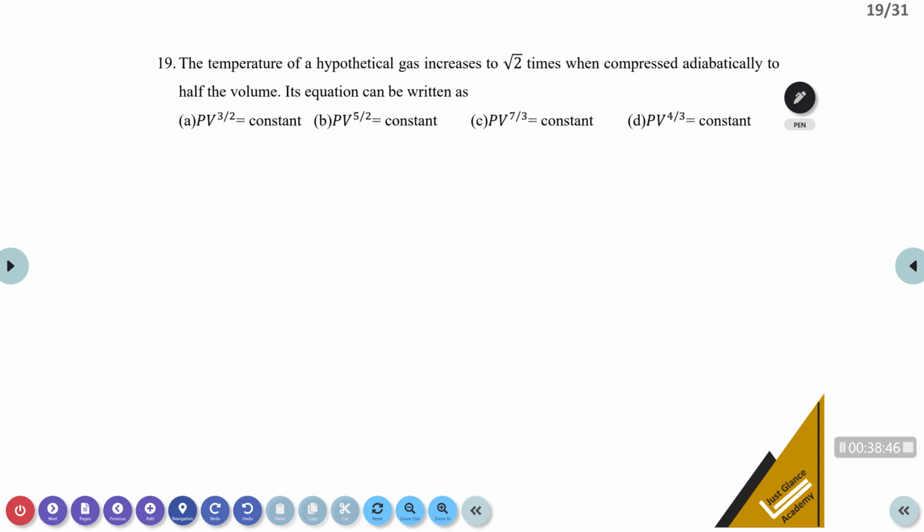The temperature of a hypothetical gas increases by square root of 2 times when compressed adiabatically to half of its volume. What is the equation?